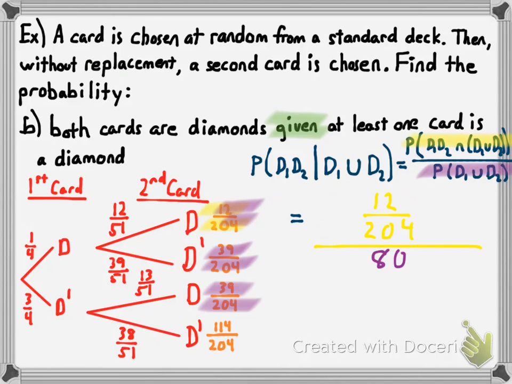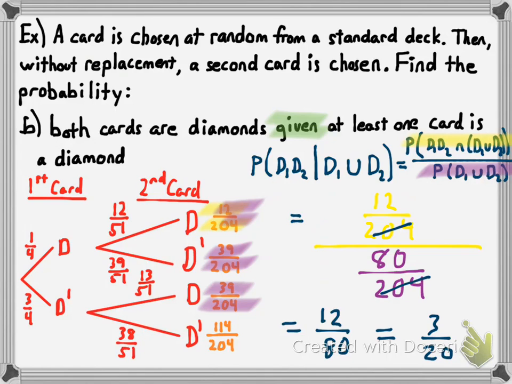It was 90 out of 204. All right, and then the overall probability would be 12 out of 80. Because you've seen this enough with conditional probabilities, these denominators are the same. They'll end up canceling one another. 12 out of 80, which of course then is 3 out of 20.